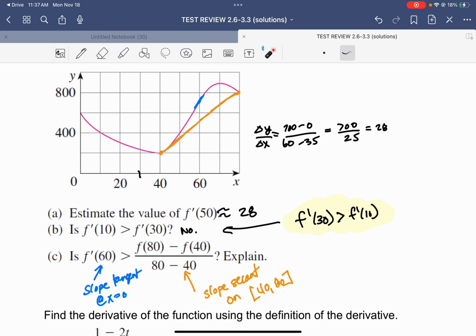So which one is bigger? Yes, this slope is more positive than this slope. So yes, that's true.